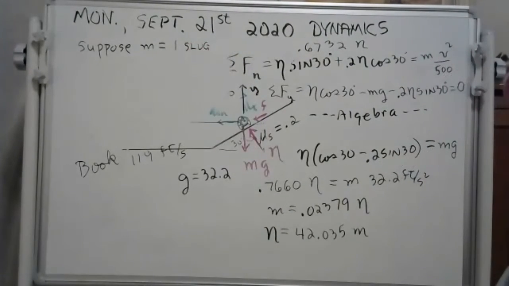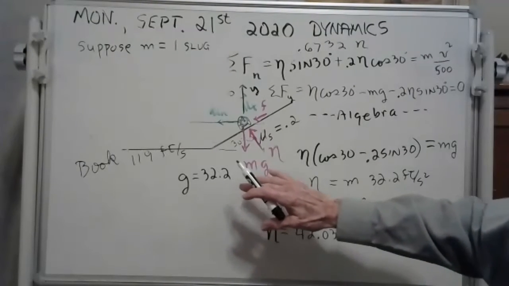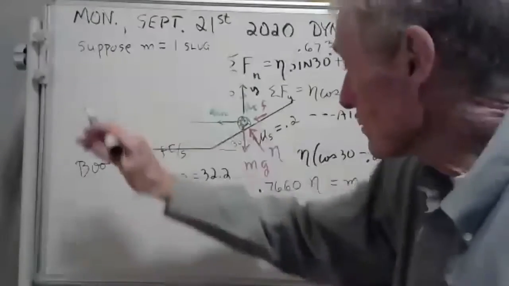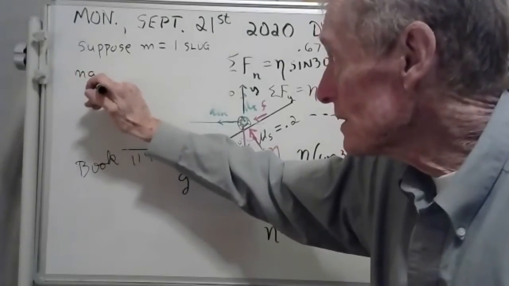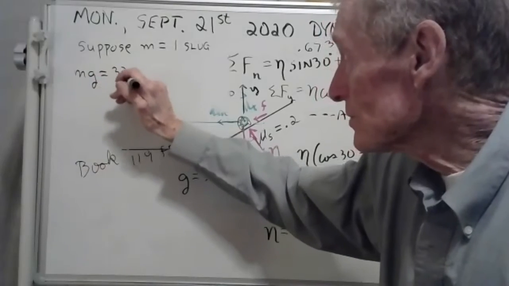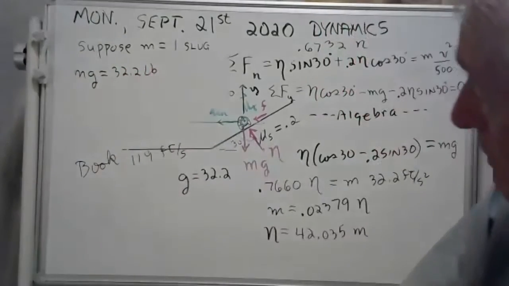Then the weight would be 1 slug times 32.2. So the weight, the mg, would be 32.2 pounds. Okay?